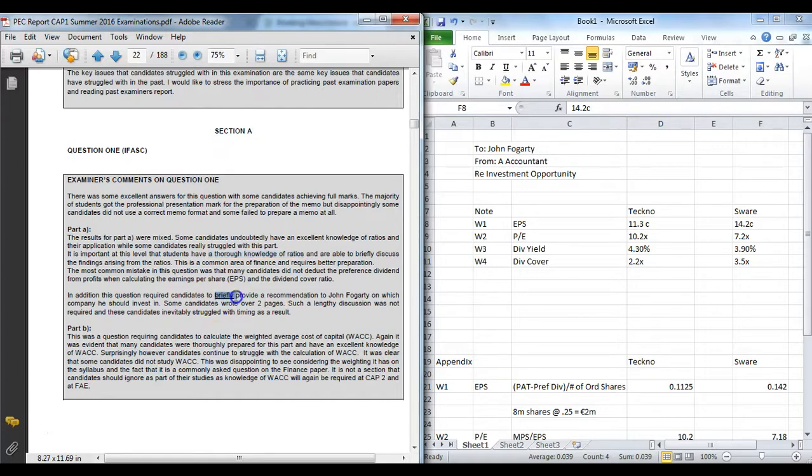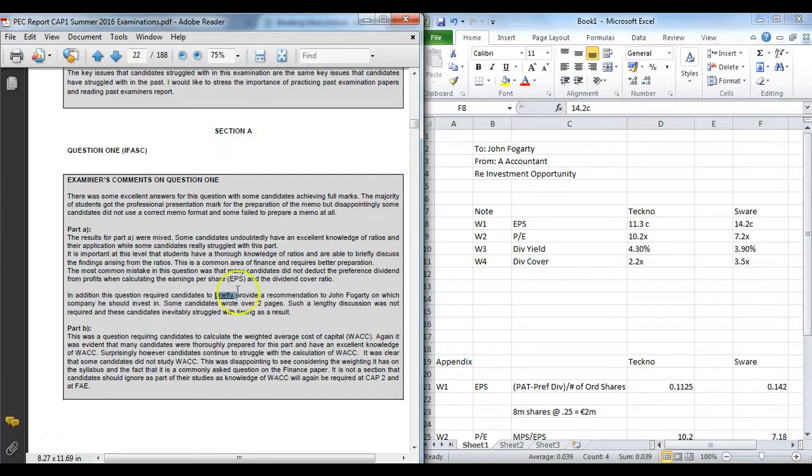If they say briefly, briefly means a couple of lines at most. Otherwise, you probably will get the marks, but you're going to do yourself an injustice in terms of the ability to finish the whole paper. So remember, CAP1 Finance requires 6 full questions to be answered, so you will be very tight on time. So make sure you read the past examiner feedback and see where students are falling down.